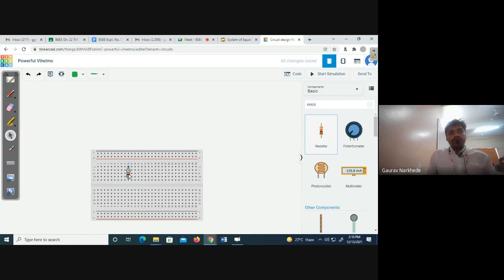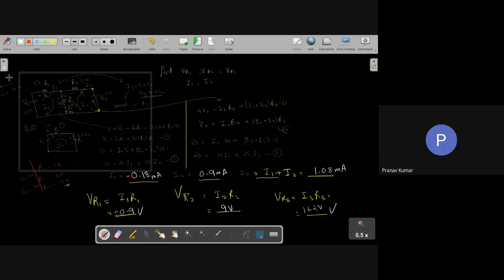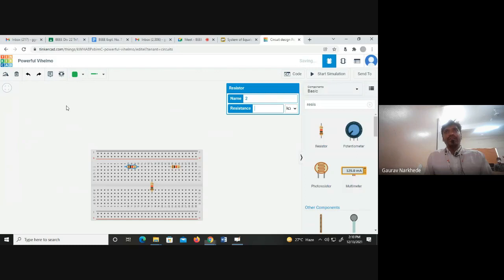So this is one resistor, this is another resistor, and a third resistor. This was how much? Yes, 5, 10 and 15 kilo ohm.